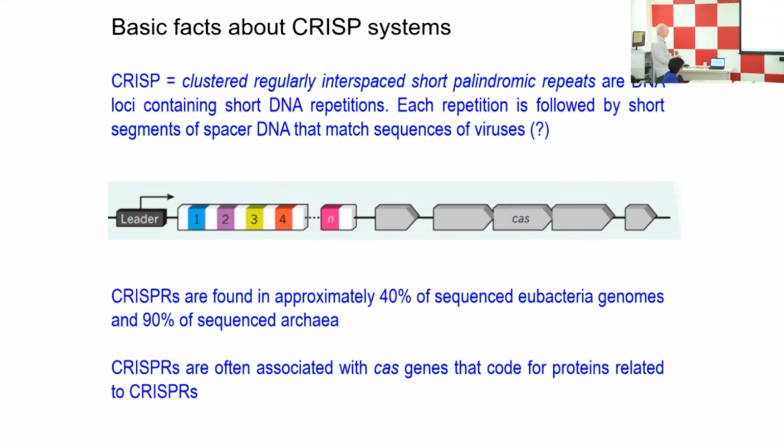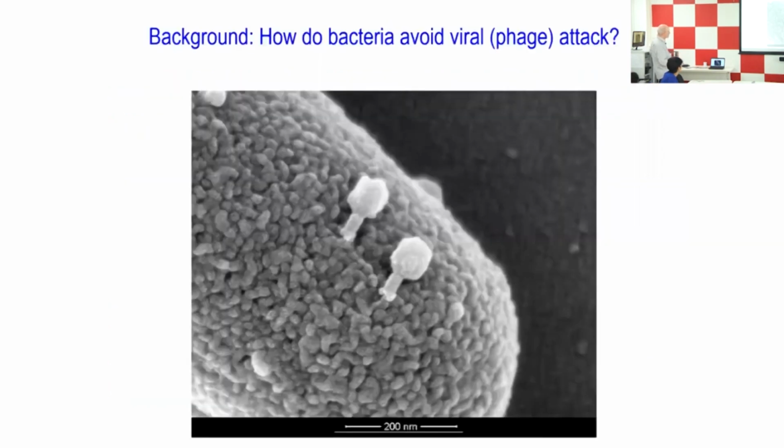So you have 1, 2, 3, and each repetition is followed by short segments of spacer DNA that match the sequences of viruses that, theoretically, the bacterium had been exposed to before at some given time. These CRISPRs are found in many bacterial genomes and are often associated with Cas genes that code for proteins related to CRISPRs. So under natural conditions, CRISPR-Cas systems have to do with resistance to bacteriophage attack.